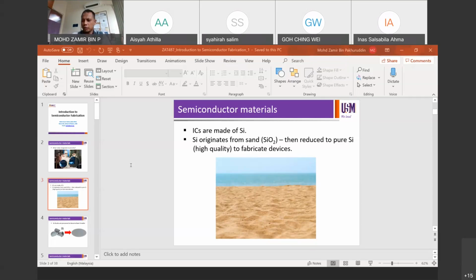Right? Baru kita boleh fabricate a functional transistor. Okay, so this is the highest level of purity required for the device.